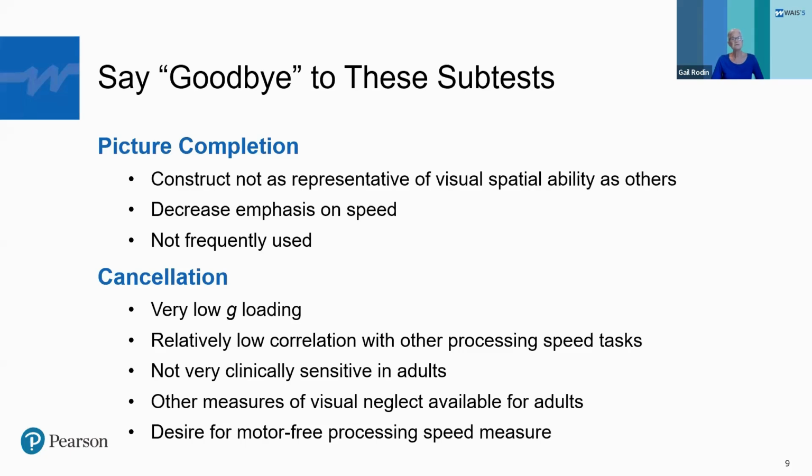The other is cancellation, which interestingly has a very low G loading and a relatively low correlation with the other tasks in the processing speed area. We've also found it's not very clinically sensitive in adults. It does well on the WISC with younger children, but in adults, if you're looking to determine if there's visual neglect, there are other measures available that do a much better job of that.